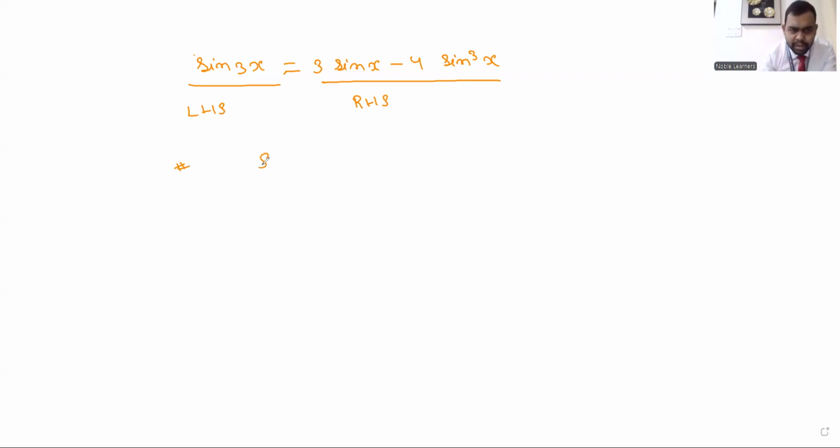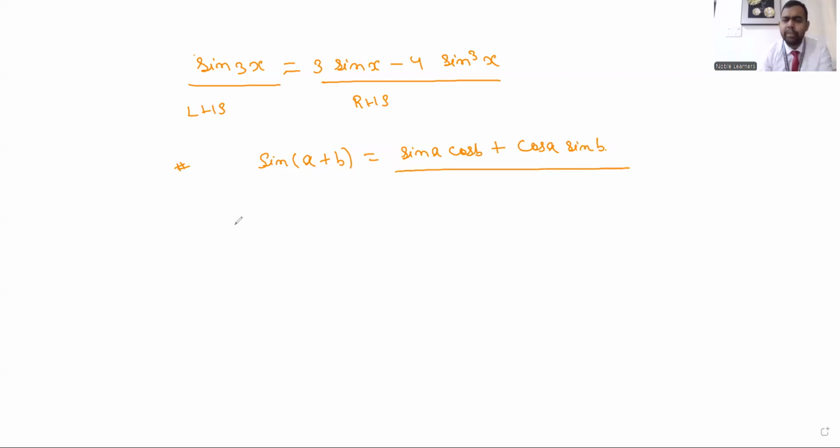There is a formula called the sum of sine angle, that is sine (A plus B). If you have sine (A plus B), you can write that as sine A into cosine B plus cosine A into sine B. This is the formula you have to understand.